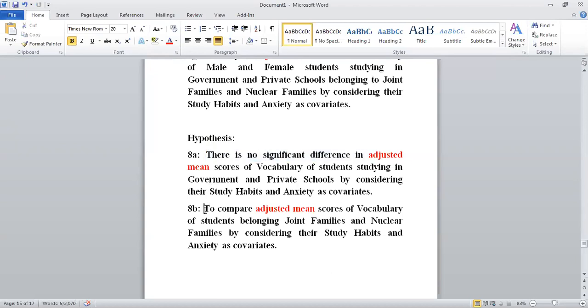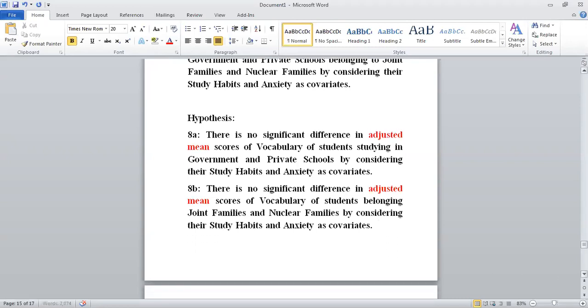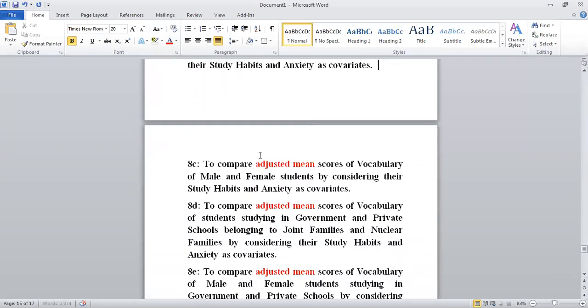Now, then 8B hypothesis will be that there is no significant difference in adjusted mean scores of vocabulary of students belonging to joint families and nuclear families by considering their study habit and anxiety as covariate.